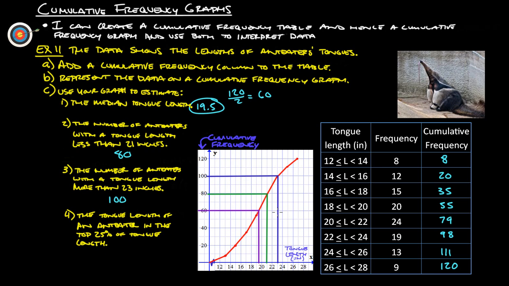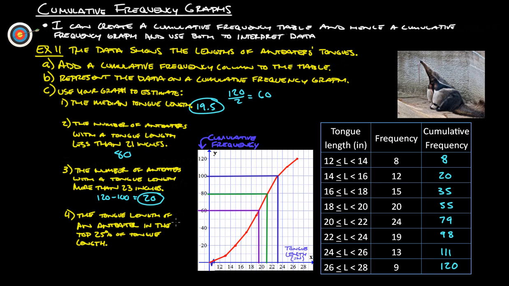Okay, so actually that's not the answer. The first 100 have a tongue length that is less than 23, so then we would have to do 120 minus 100, which would give us that there are 20 anteaters with a tongue length more than 23 inches.